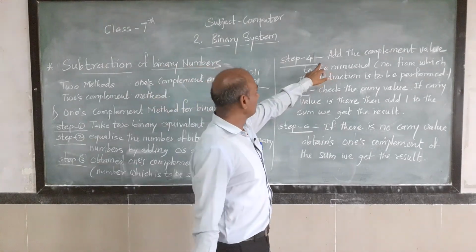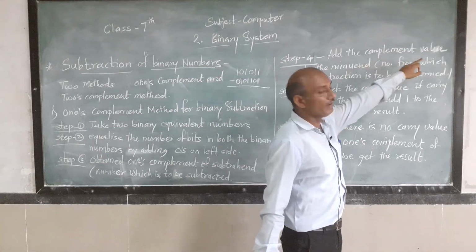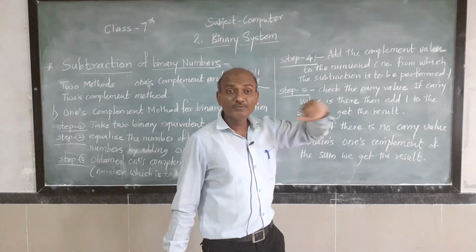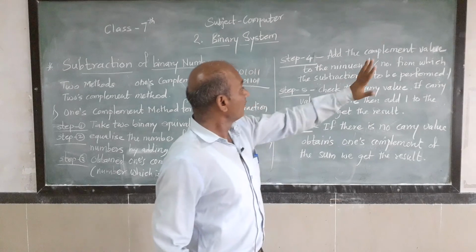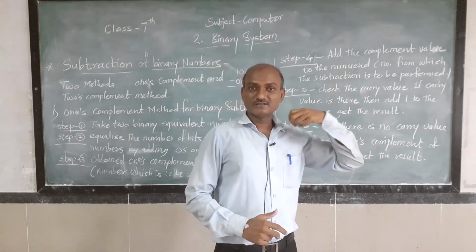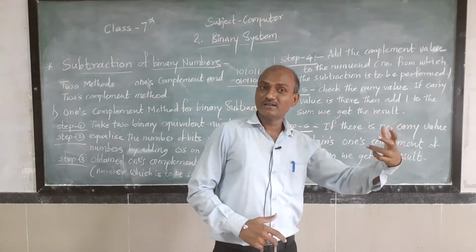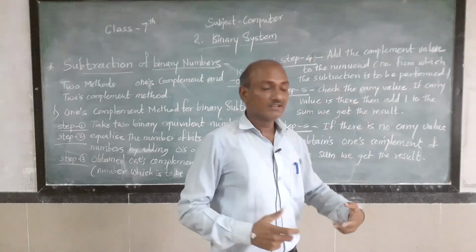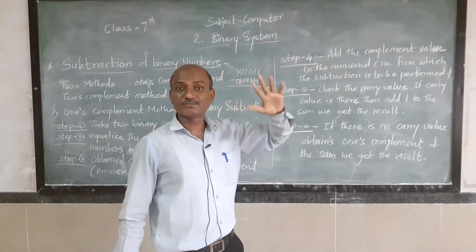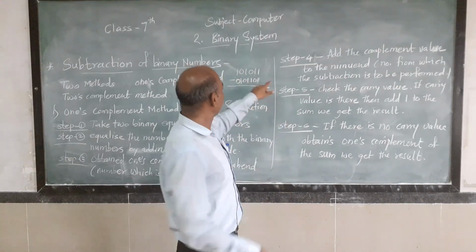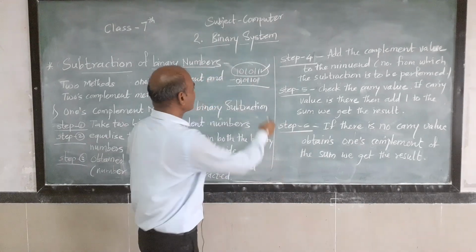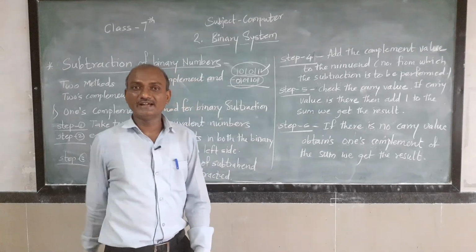Now what is our step 4? Rule 4: add the complement value to the minuend. Minuend means the number from which the subtraction is to be performed, the first number. That first number is called the minuend, and the second number is called the subtrahend.